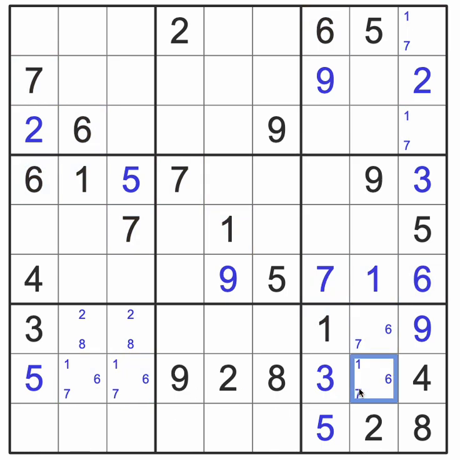Well, this cannot be 1. And this 1 blocks here. So 1 comes here. 6 blocks this cell, gives me 7. 6 and 7.